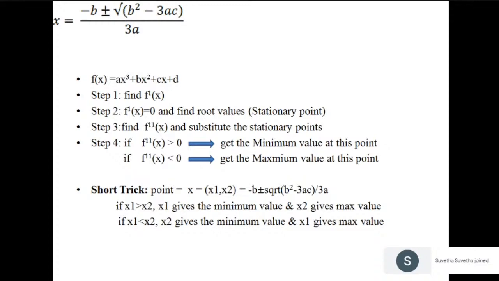Then we substitute the root values in f double dash of x. If f double dash of x is greater than 0, that point gives the minimum value. If f double dash of x is less than 0, that is the maximum value. This is the normal procedure.